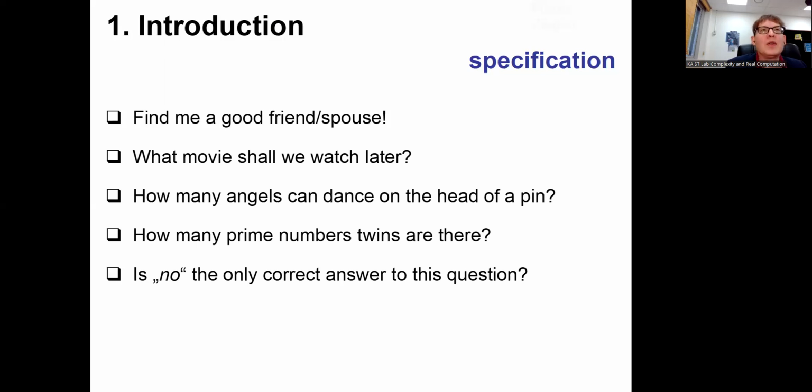But if you look more closely and think about it, let's suppose that the answer to this question is yes. Then it means that no. Let's first suppose that the answer is no. Then that means that no is not the only correct answer to this question, right? That means that also yes is a correct answer to this question.